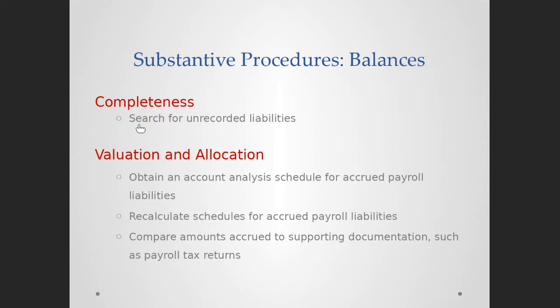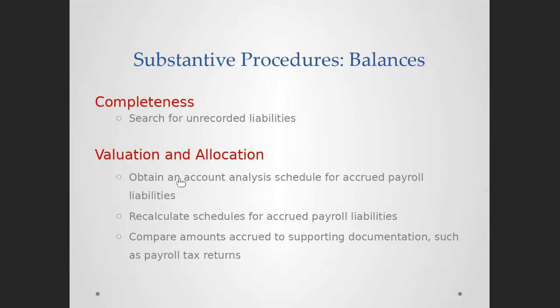If you take a look at a sample of employee contracts, it will say what the retirement plan is and what the end of service payment is, and those liabilities should be recorded in the balance sheet. If you find that there should be recorded liabilities and they're absent from the financial statements, that means that account is unfairly stated. So search for unrecorded liabilities in those documents.